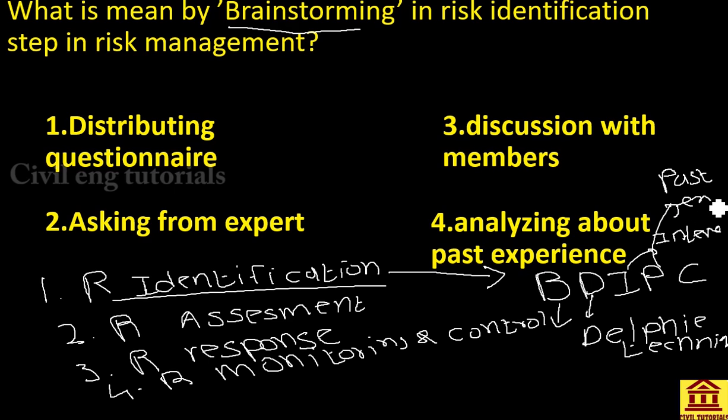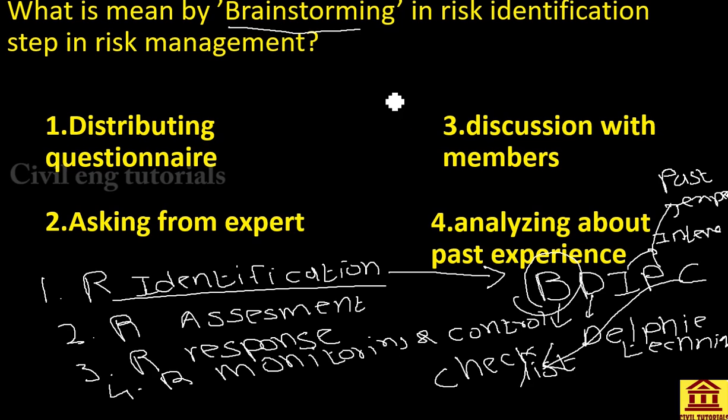P means past experience, and C means checklist. So let's come to our problem. This problem asks about B, brainstorming.